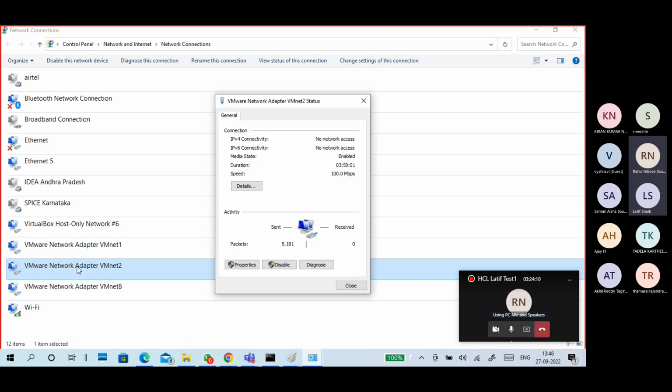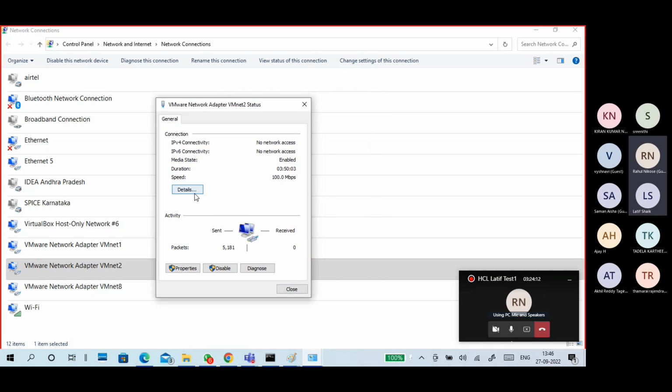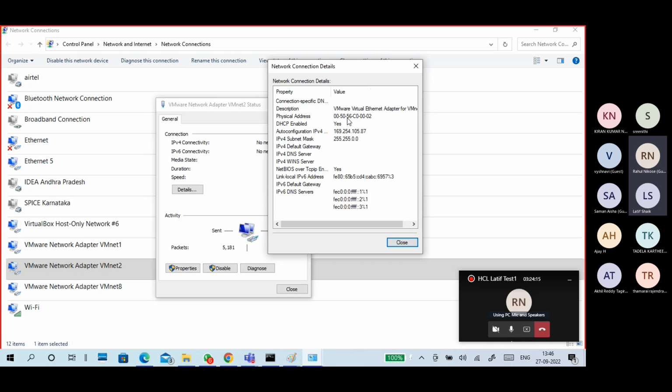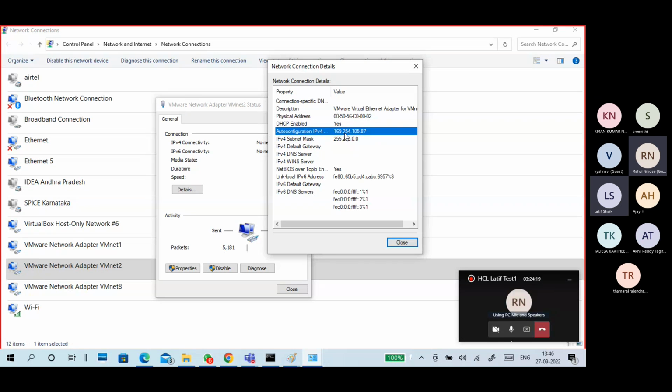I'm going to this VMnet2, no problem. So this is my MAC address. This is the APIPA address. Why? It tries to get an IP from DHCP, but it failed. This is a link local IPv6 address. This is also assigned by the system. But APIPA is invalid. You got APIPA, you can't communicate.